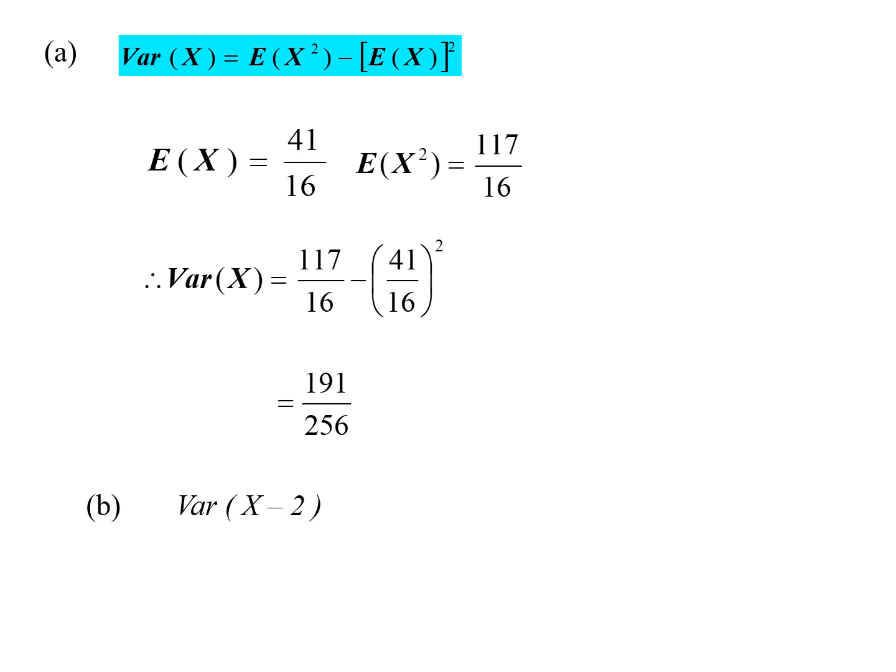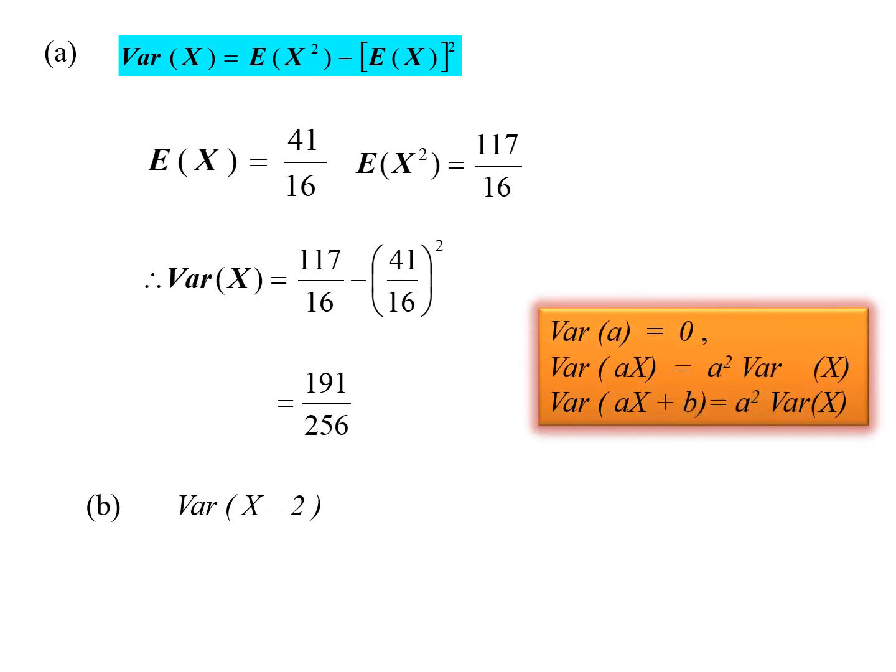For Var(X minus 2), we can use the properties of the variance. So Var(X minus 2) is equal to Var(X). This one we use the properties of the variance. Then the answer is 191 over 256.